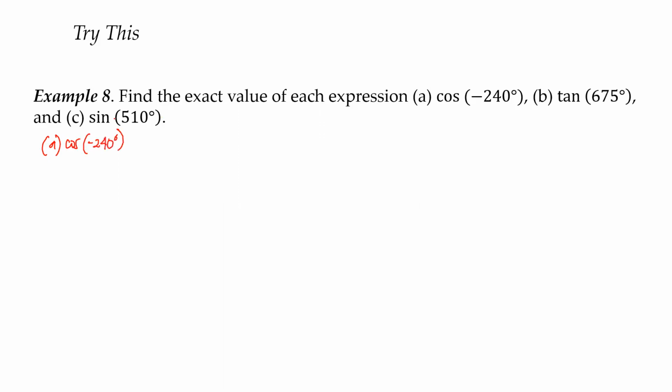240 degrees. Since this is a negative angle, it simply means that our angle is measured clockwise from the positive x-axis. So what we're going to do first is find the positive coterminal angle measured from the positive x-axis.